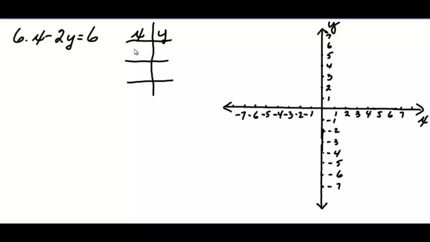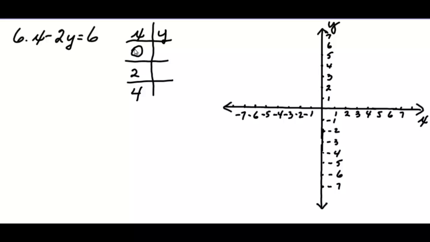So I'm going to pick numbers for x that are divisible by 2. The first one I'm going to pick, however, is always 0. That's real simple to solve for. The other two would be 2 and 4. You could also pick negative 2, negative 4, and we'll do that for some of the ones we're going to graph. Once we've picked those values, now we solve.